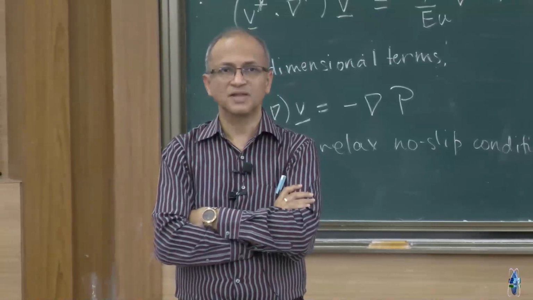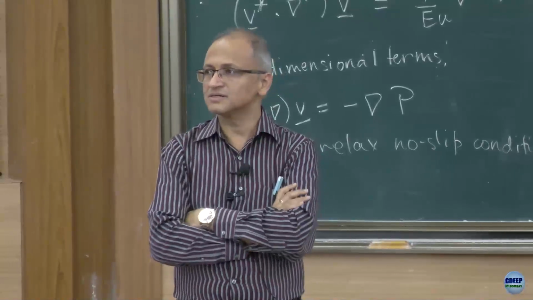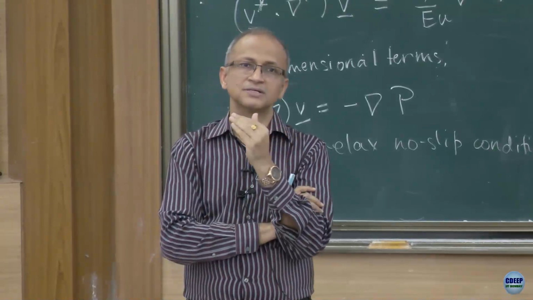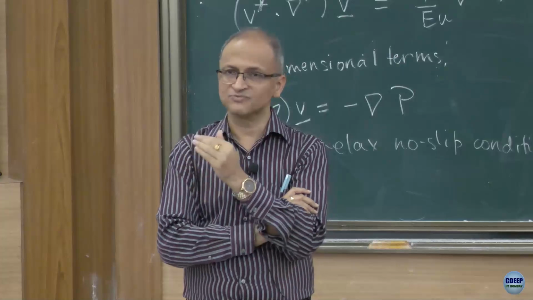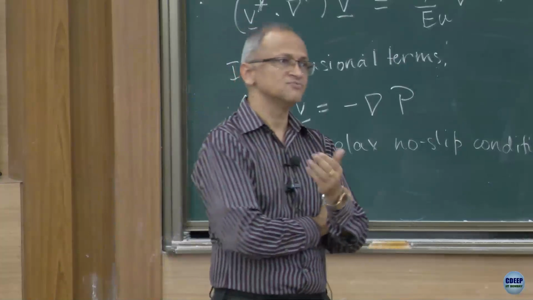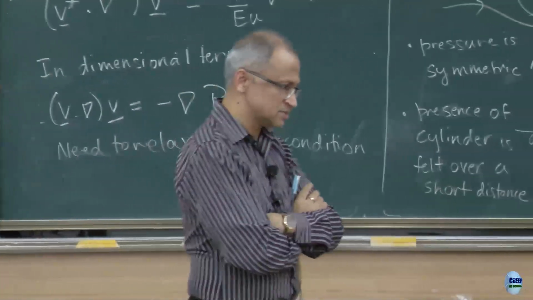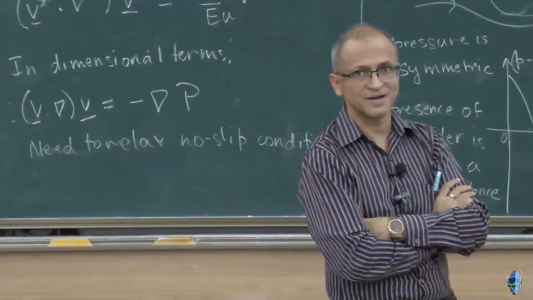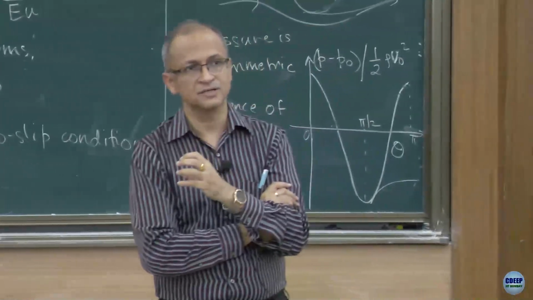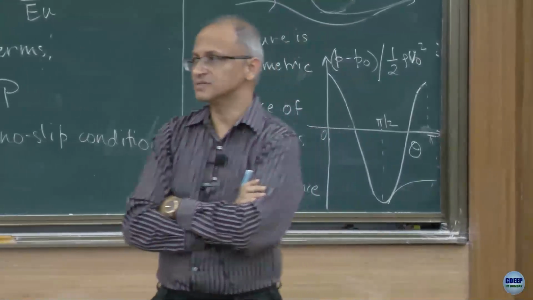But assuming the flow is totally inviscid, we saw that the viscous terms are lost, which means that the second order terms are no longer present, and therefore we have to prescribe one less boundary condition. We have to allow the flow to slip at the surface. The non-penetration boundary condition still needs to be retained, but the no-slip condition is where the relaxation has to happen.